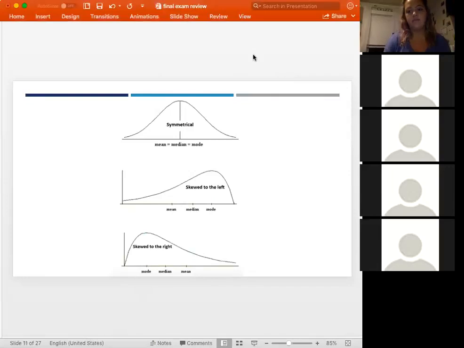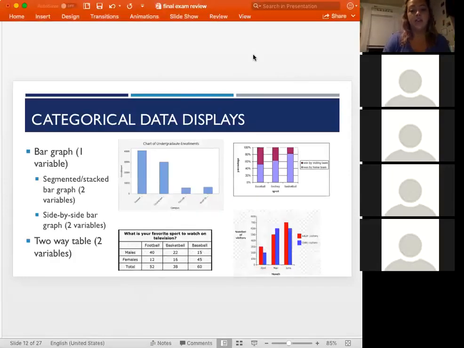All right. Okay, so these are categorical data displays. Same idea in terms of displaying data, but this is going to be for categories, not numerical values. So the bar graphs are showing you the frequency of different categories here. You have your categories on the x-axis, and then the frequency of them, or what you're measuring, on the y.